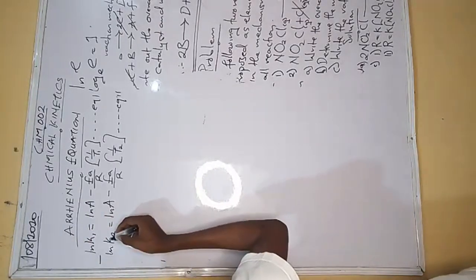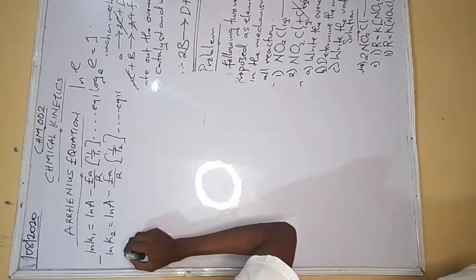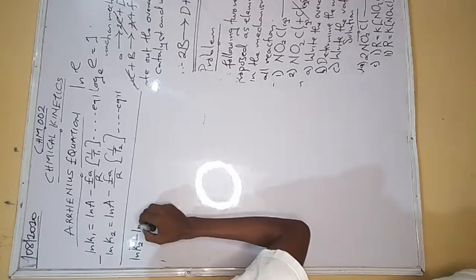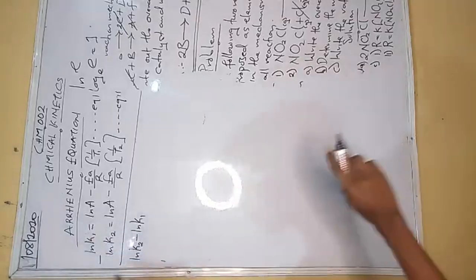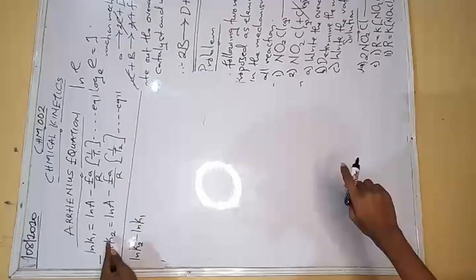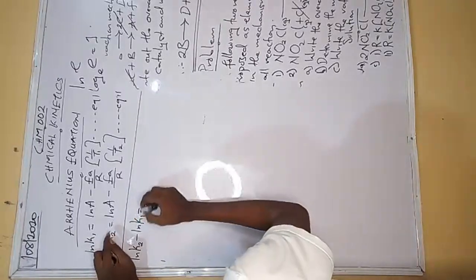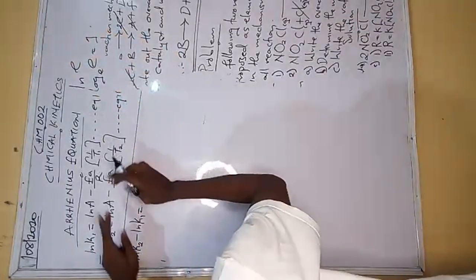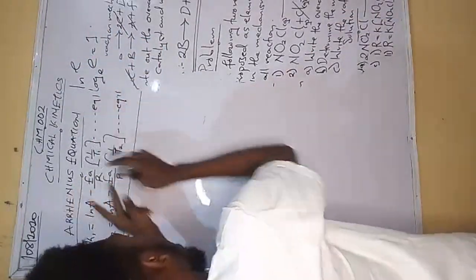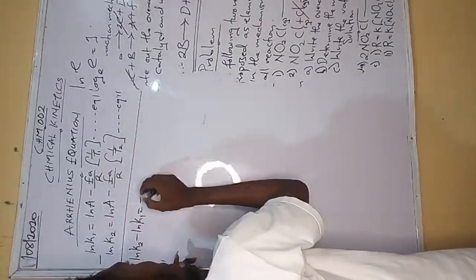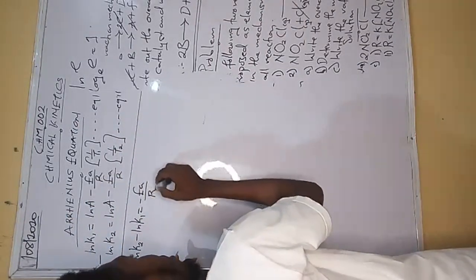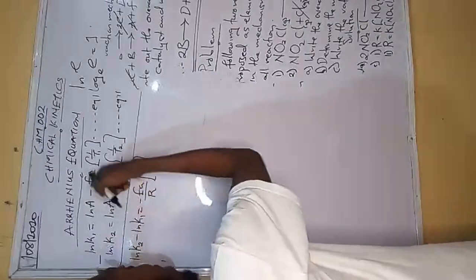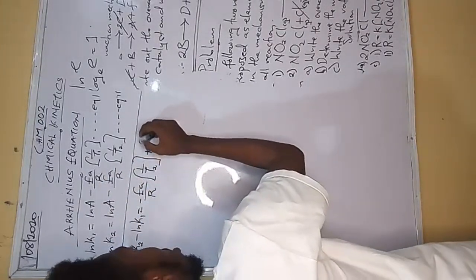That means you'll have ln k2 minus ln k1 equals, by the time we do this, ln A minus ln A gives us 0. Then we now have this one here minus what we have here. So I say this is minus Ea over R into bracket 1 over T2, that is this one here, minus, which will give us plus. Plus what?